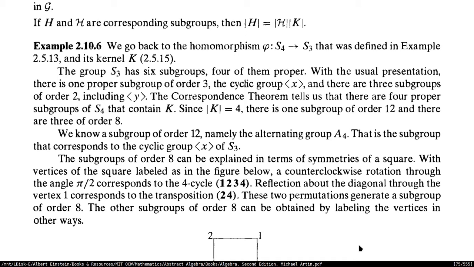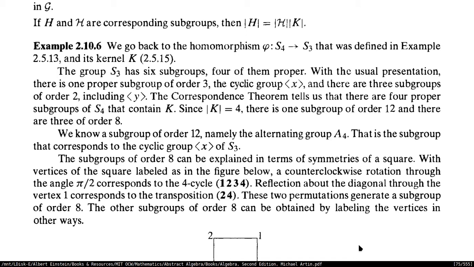So okay, that's clear. The correspondence theorem tells us that there are 4 proper subgroups of S4 that contain the kernel K. The kernel K consists of the identity and the products of disjoint transpositions. So that would be 1, then (1 2)(3 4), then (1 3)(2 4), and (1 4)(2 3).